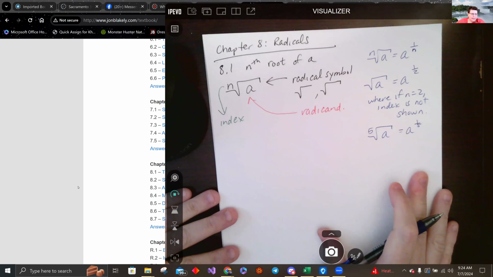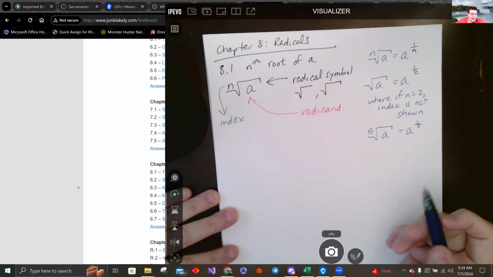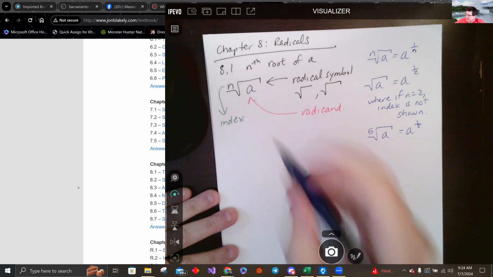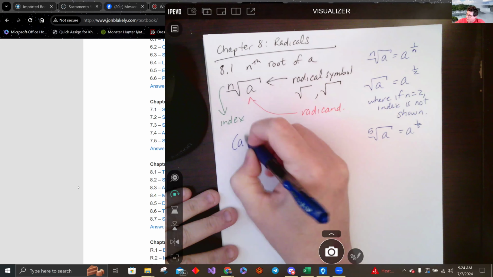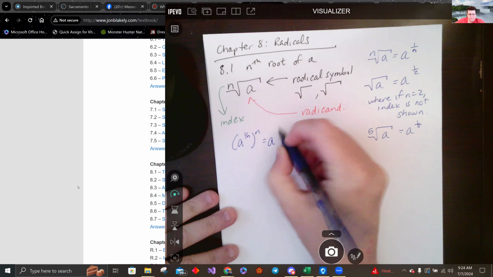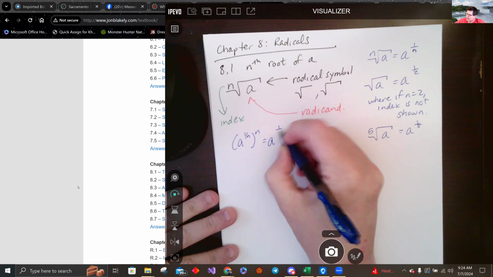And how do we figure out what that is? What does it mean? Let's say we have A to the 1 over N to the nth power. This is just some rules we have with exponents.